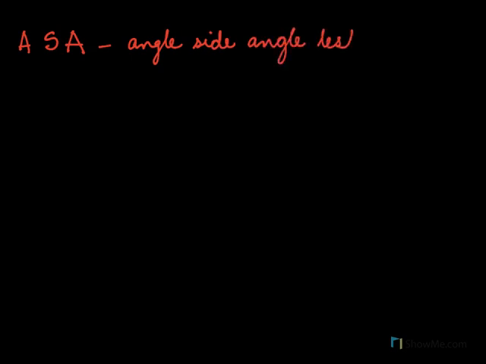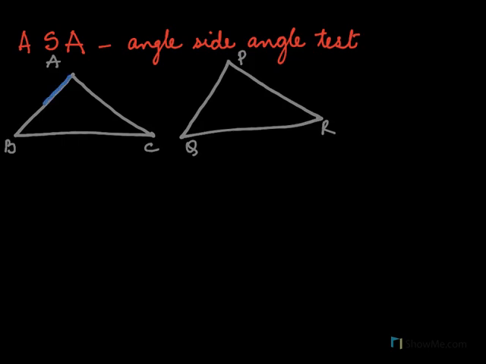Now we have another one called the ASA, and from the name now you will know it is angle side angle test. So here we have, if we have two triangles, one triangle here, and from the word we know one side should be equal to one side and two angles.